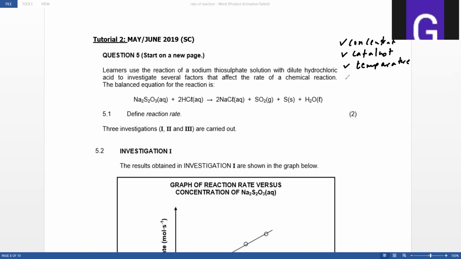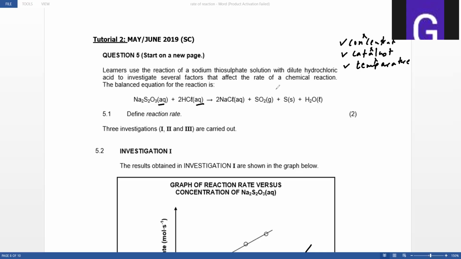But pressure might not, because there is no gas here. Even surface area is not part, because surface area has to do with substances that are either solid or powder. So you see the only factors that might affect this are concentration, catalyst or temperature, but we'll check what we're actually investigating.